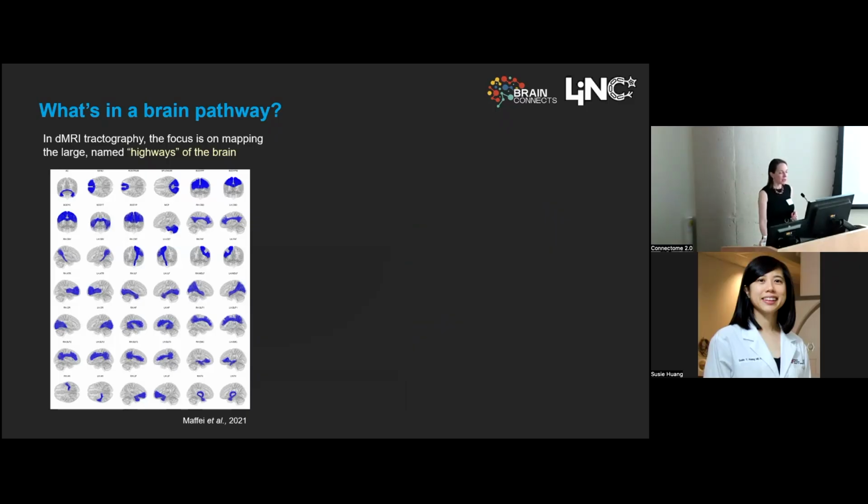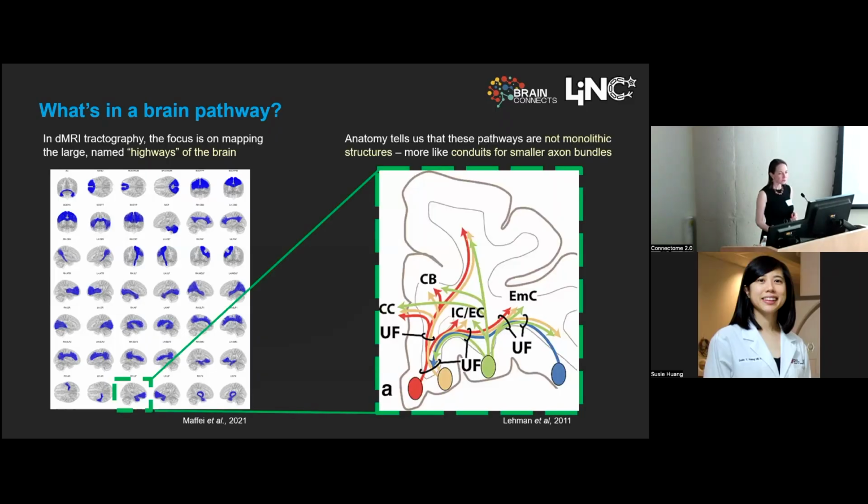However, from anatomists, we know that these pathways are not monolithic structures that go from A to B, but they are indeed like highways where smaller fiber bundles will merge on the highway, travel along the highway for a part of its trajectory, and then merge off to go to their destination.